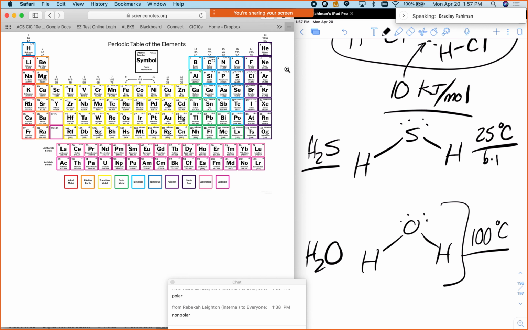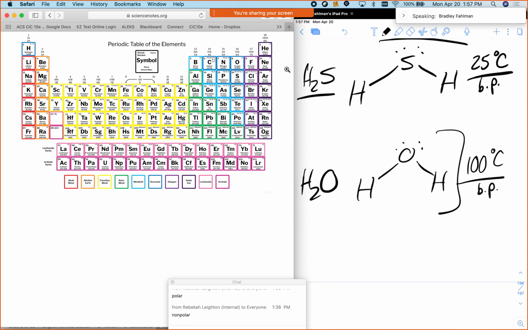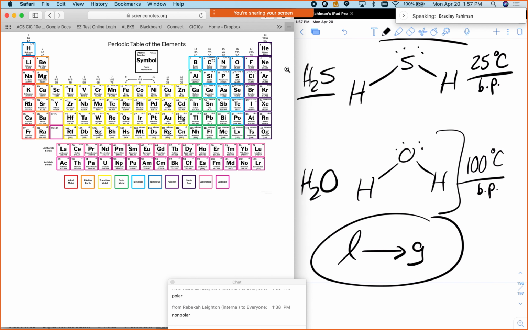So these are boiling points. And that means going from liquid to gas, so we're breaking apart all of the intermolecular forces. In this case, you are breaking apart dipole-dipole. In this case, you're breaking apart hydrogen bonds, H bonds. And so this is a lot stronger.